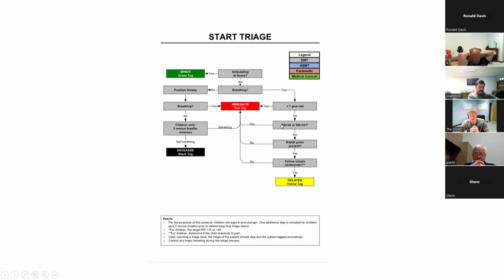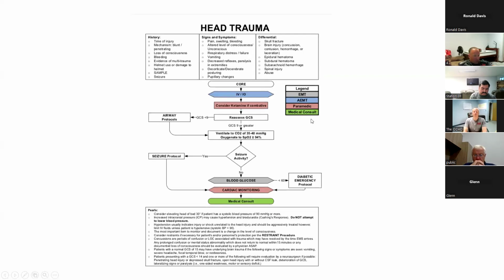Now that we touched base on the GCS and the revised trauma scale, which incorporates the GCS, why is this important? What does it matter? Why do these numbers matter? And the answer to that is this, because we'll look at this head trauma algorithm. The numbers that you're given, the GCS, determine what you're doing and where these patients are going.